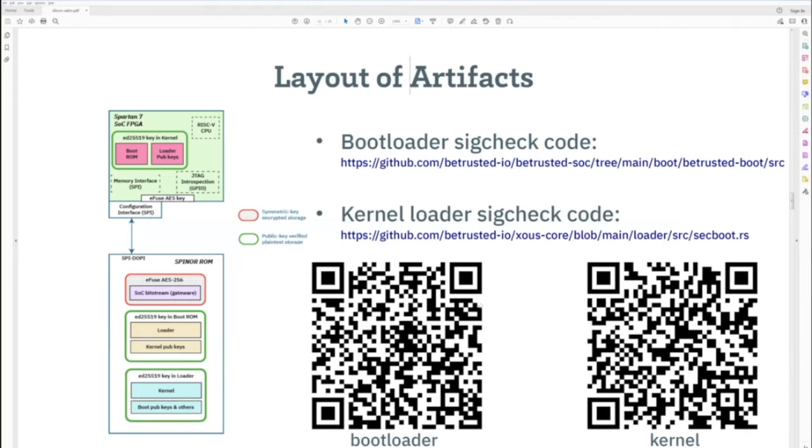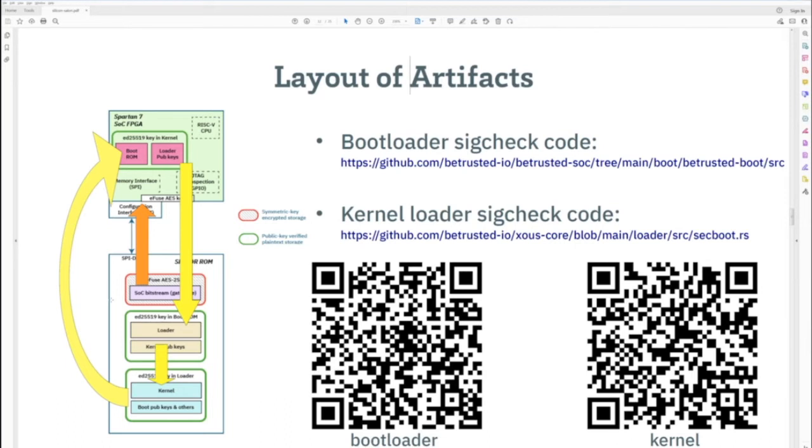If you just want to not listen to me talk and just read the code, go for it. But basically, the life cycle of the secrets starts inside the SPINOR ROM. The lower half here is the actual SPINOR ROM itself that contains all the code at rest.